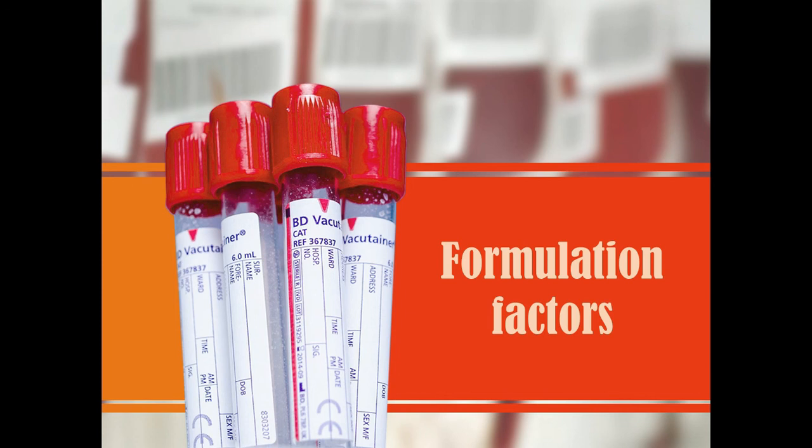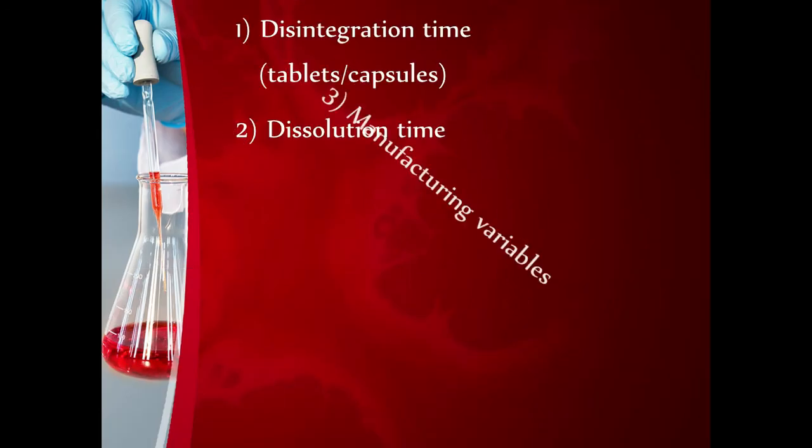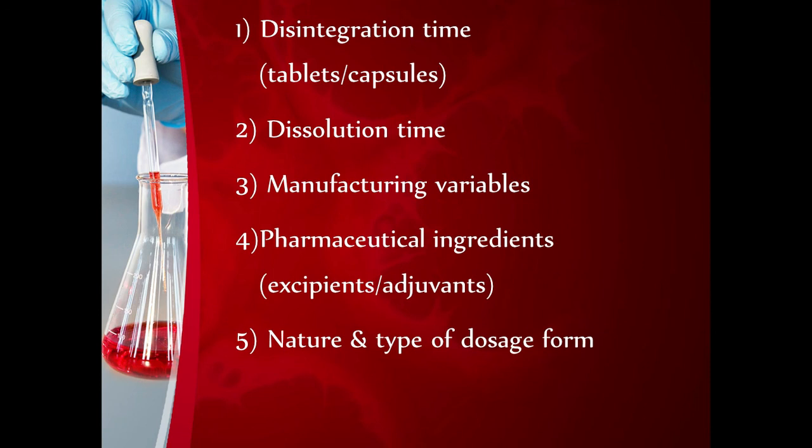Now the formulation factors are these. First, if you are manufacturing a tablet dosage form, disintegration time for tablets and capsules; then dissolution time for all: tablet, capsule, emulsion, suspension; then manufacturing variables, which we will see in detail in the third.